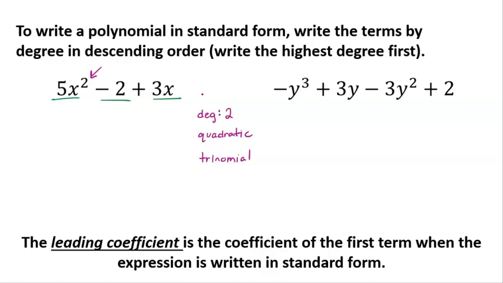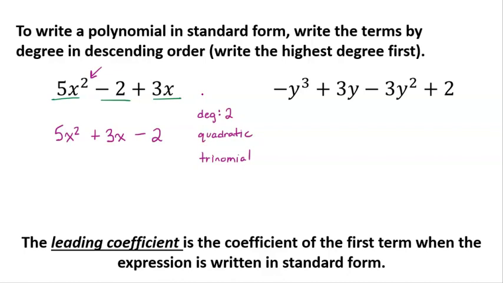So for standard form, you're going to put the highest exponent first. So it's going to be 5x squared, and then you want to go in descending order. So I see that 3x, and then our constant is always going to be last. And so we've been writing it like this, but now we're going to do some extra practice.